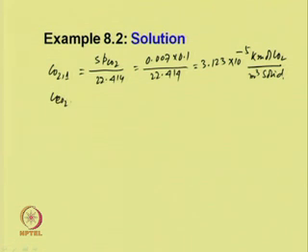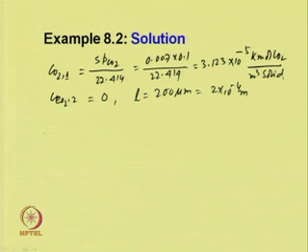Now, CO2 at 2, that is on the sweep side, is assumed as 0, and L is given as 200 micron, which is 2 into 10 to the power minus 4 meter.